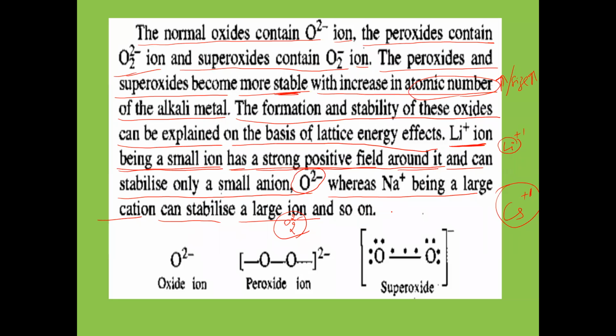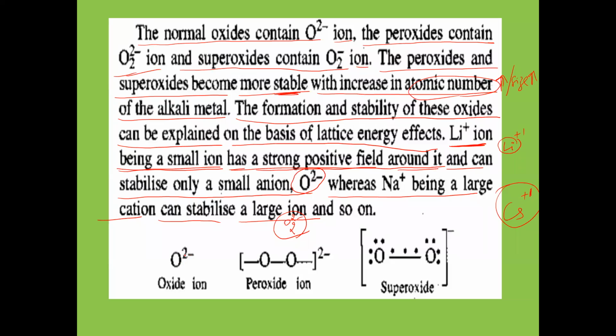Still, cesium plus, a very large cation, can stabilize a very large anion, that is O2 minus. Superoxide can be stabilized by cesium plus. So this way we have to take each oxygen atom has got minus 2 here. It is oxide. Read O minus 2. Don't read O2 minus.